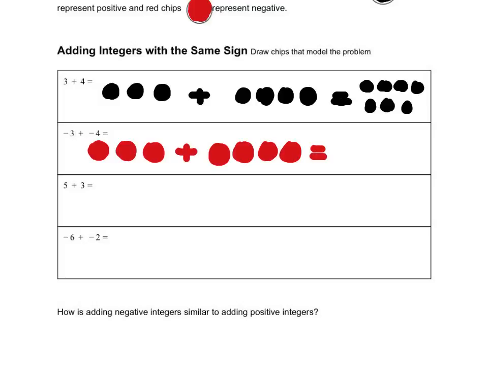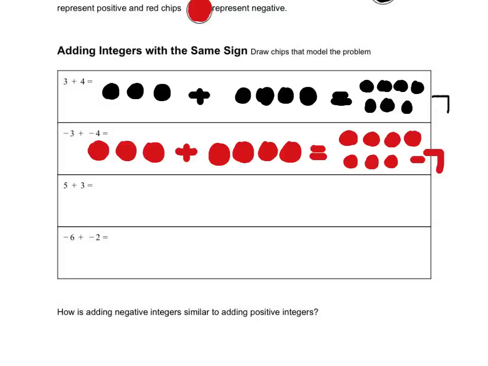Because I have all red chips, I'm going to combine them, and I end up with 7 negative chips, or a -7, and I should go back and write the answer for the first one where I would have a +7.